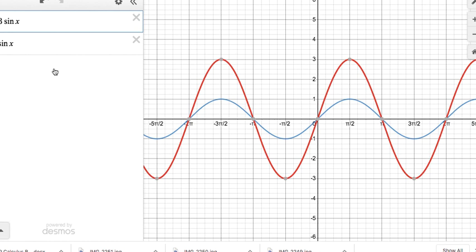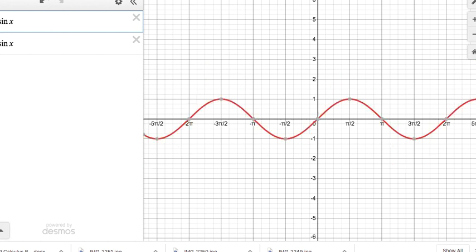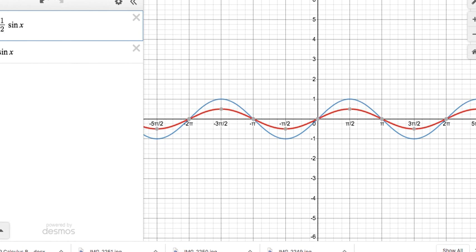You can see how this graph has gone up, stretched up to 3, stretched down to negative 3. Now what happens if I use a fraction there instead? What happens if I put 1/2 times the sine? Sure enough, now all of those y values are half as much as they used to be. So instead of this blue graph having a maximum at 1, now our red graph has a maximum at 1/2.